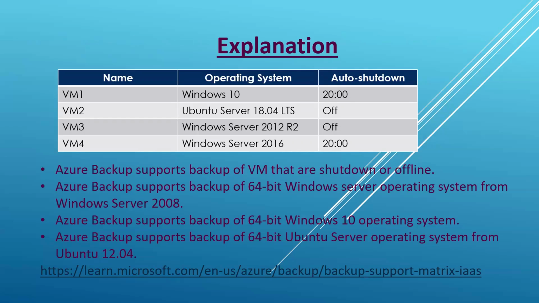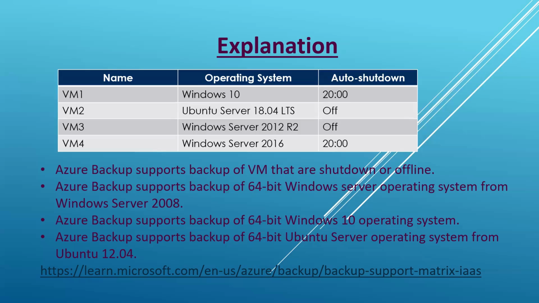So even though you have a shutdown schedule here, it doesn't really matter. It is just there to confuse you. Even if a VM is shut down, its backup can be taken. The second statement is Azure Backup supports backup of 64-bit Windows Server operating systems from Windows Server 2008. And the 2 VMs, VM3 and VM4, are obviously released after Windows Server 2008.